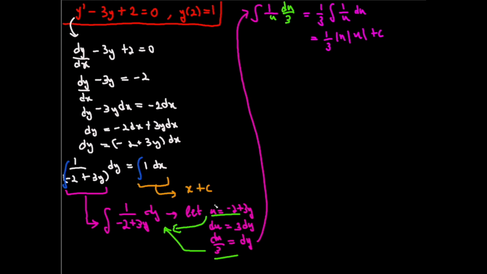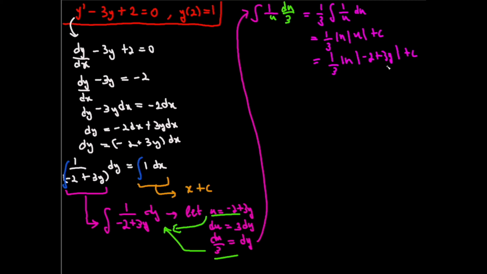We're going to take these components and plug them back in here, right? Because we know that u equals this quantity, so this equals 1/3 natural log of the absolute value of -2 plus 3y plus c.